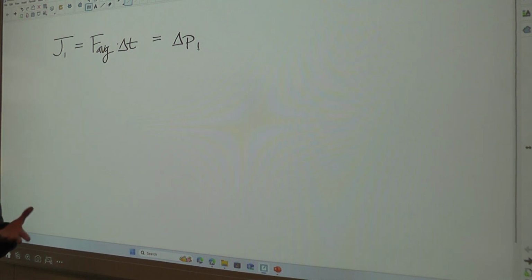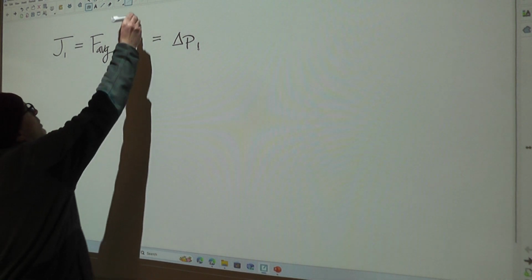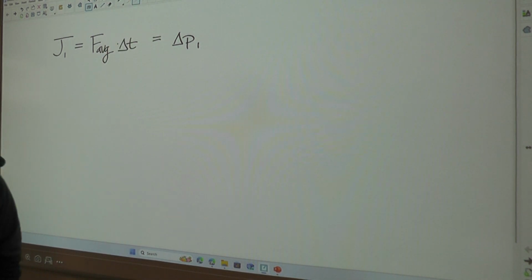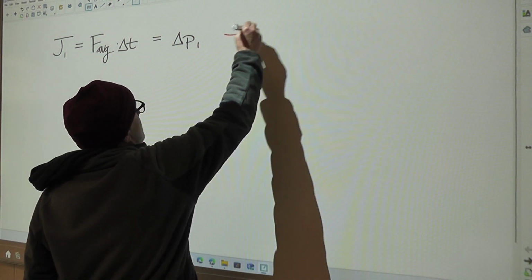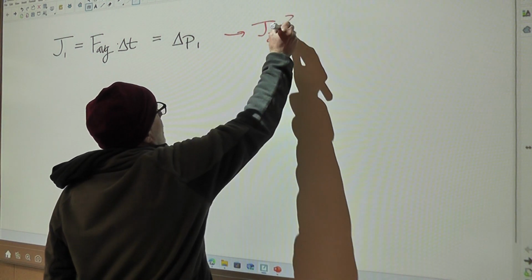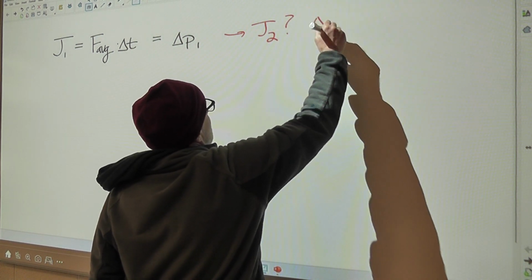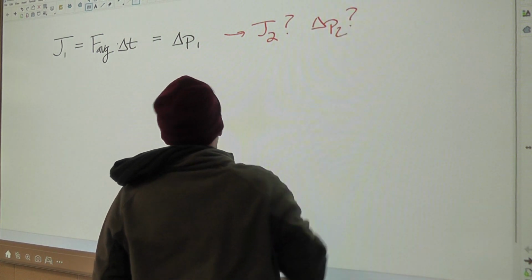Then we had this conversation where we worked out that because momentum is conserved, it seemed reasonable that there was going to be some connection between the impulse on one cart and the change in momentum of the other cart.